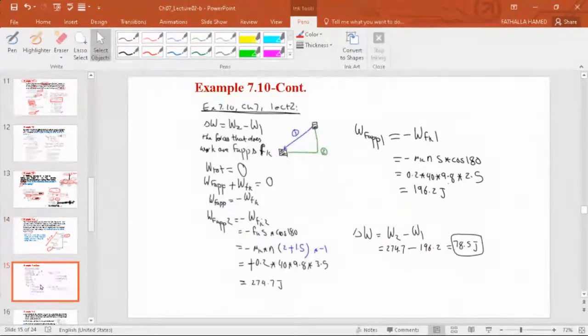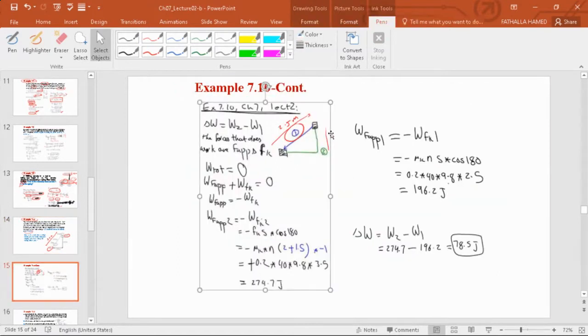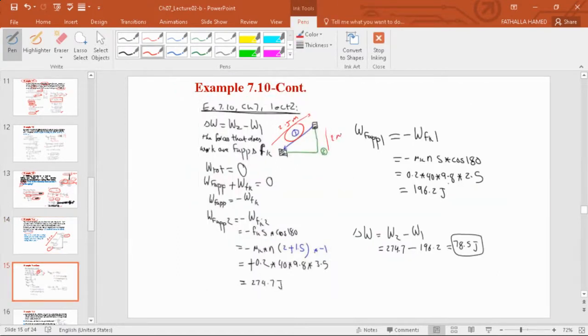So we want to look at path 1. We're going straight, which in this case is 2.5 meters. And this one is 2 meters, and this one here is 1.5 meters.